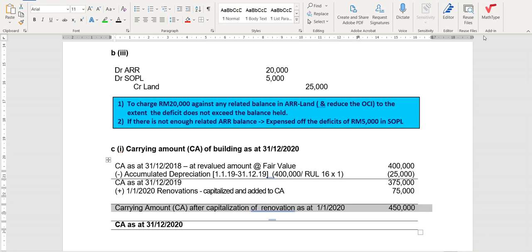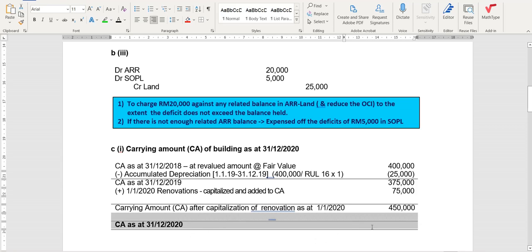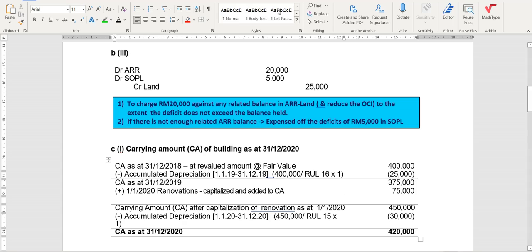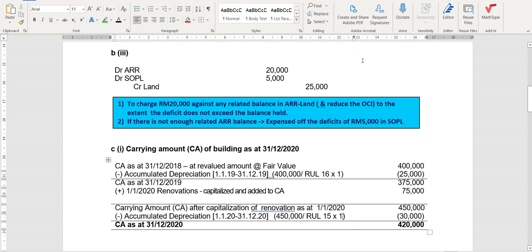So to get the carrying amount as at 31st of December, you need to go and reduce with the depreciation. So you need to find out what is the depreciation from 1st of January 2020 up until 31st of December 2020. At this time, the remaining useful life is 15 years. So 450,000 divided by 15 years, because this is just for 1 year, times 1, and that will give you the amount 30,000.